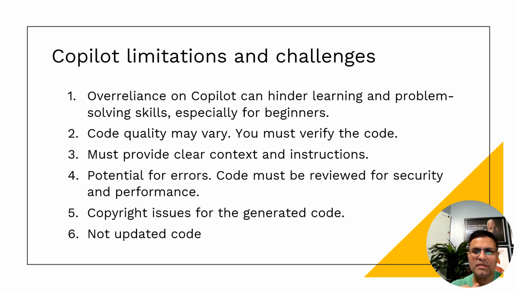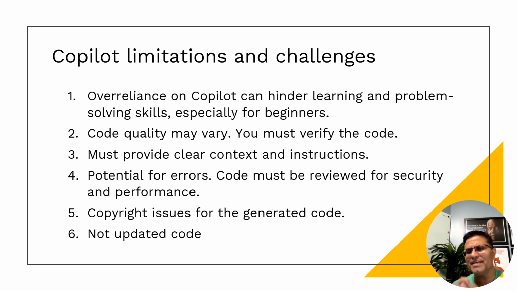And if you're writing an application in the latest version of a language, for example, C# 13 just came out, and you are building everything in C# 13, Copilot may not know what C# 13 is or how the syntax works, because the LLMs haven't been updated yet. So those are the things you have to keep in mind.